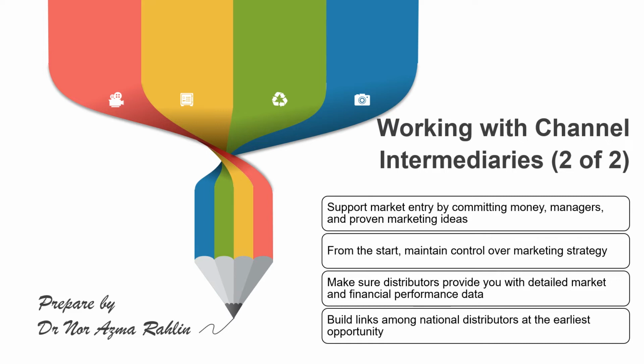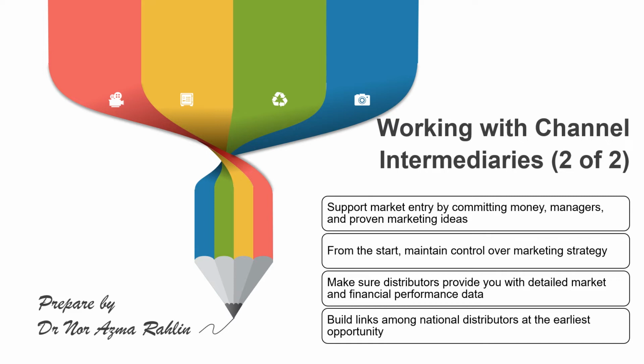Of course, the risk associated with the investment should not be greater than the risk associated with an independent distribution system in the manufacturer's home country. The earlier such a commitment is made, the better the relationship is likely to develop.